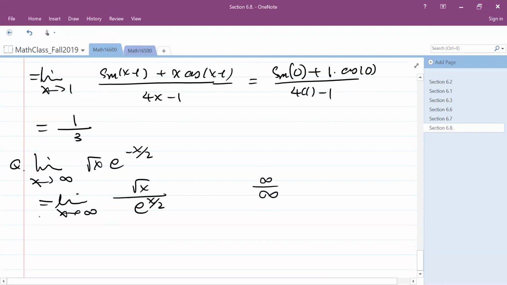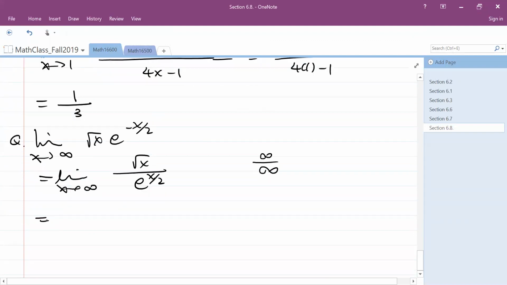When you do the problem on a quiz or test, make sure you put a note beside that before you differentiate the numerator and denominator. If you do like that, I know you're applying L'Hopital's rule. You don't even need to mention L'Hopital's rule, because it's clear you're using it. So the derivative of square root of x, I already know, is 1 over 2 times square root of x. The derivative of e to the x over 2, differentiate the power, we get 1/2.